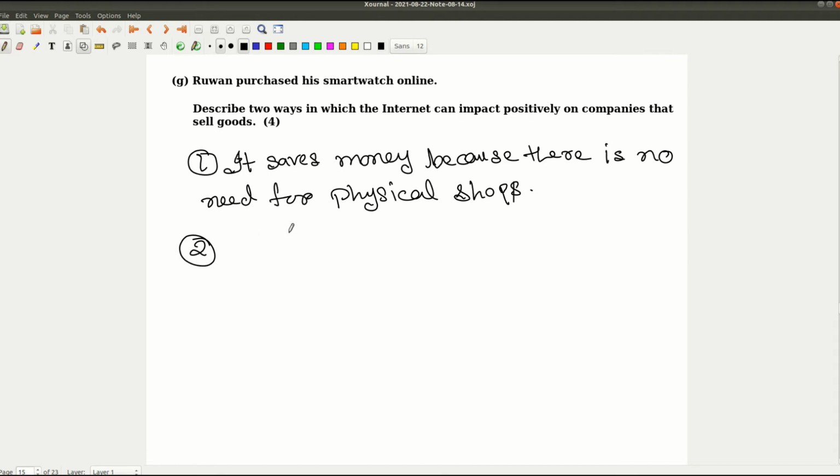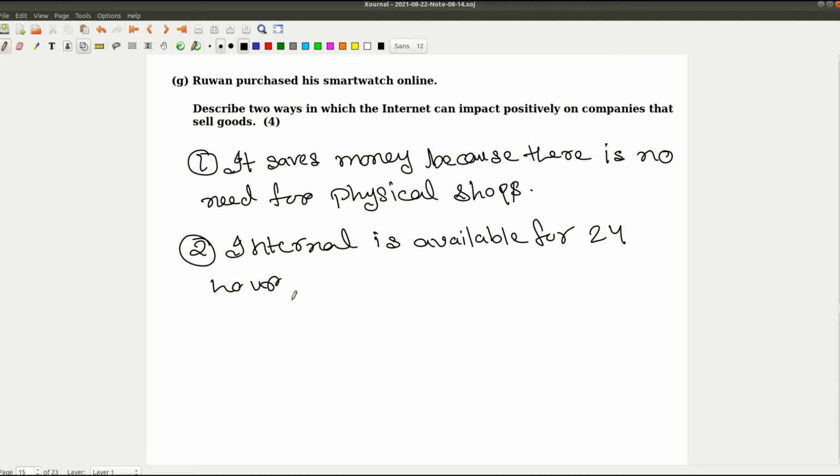Because of the internet, customers can access it from any country, right? And also it can increase your selling.